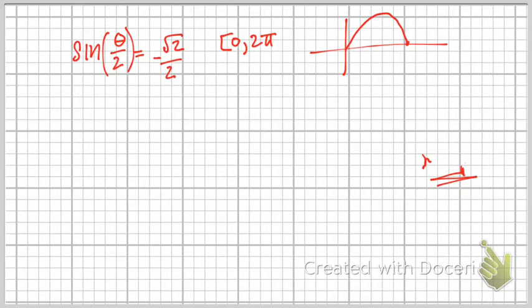So the first thing I'm going to do is I think of that idea of sine inverse of both sides. So I'm going to get a theta over 2 equals, and I have to figure out what that root 2 over 2 looks like here. So I'm going to draw my unit circle idea here. And then what I'm going to do now is I'm going to think about the sine inverse.